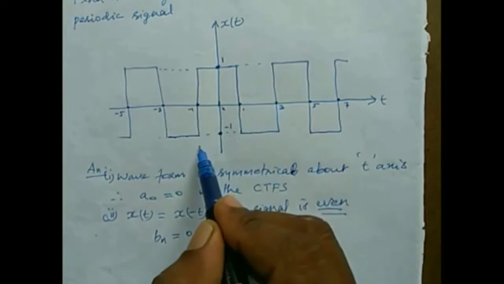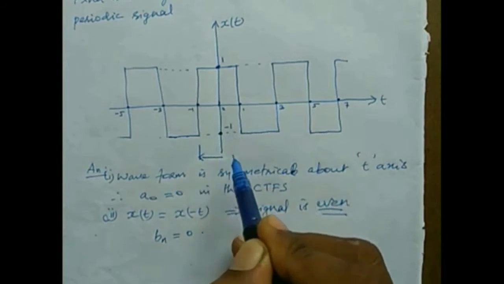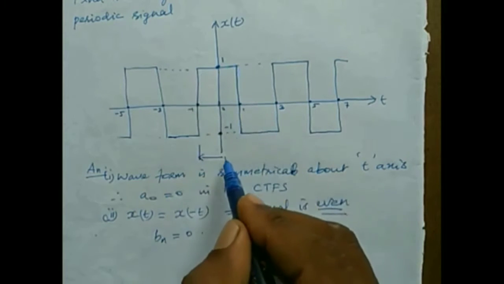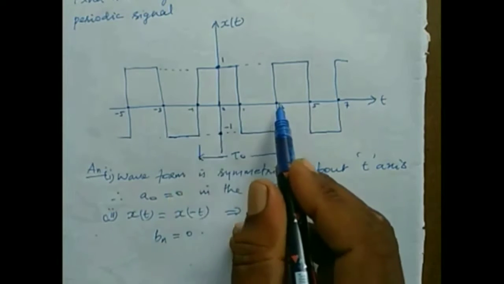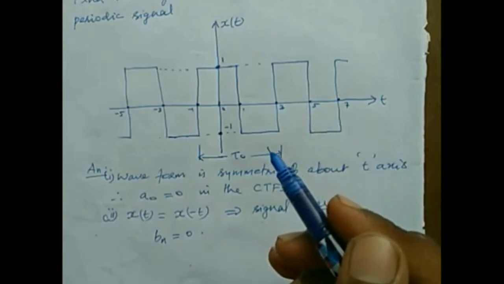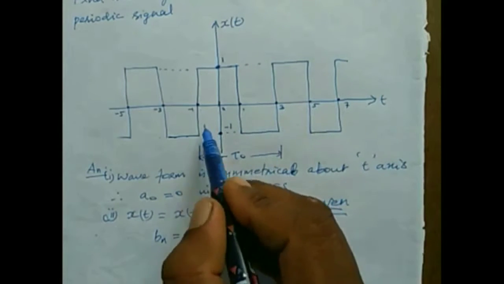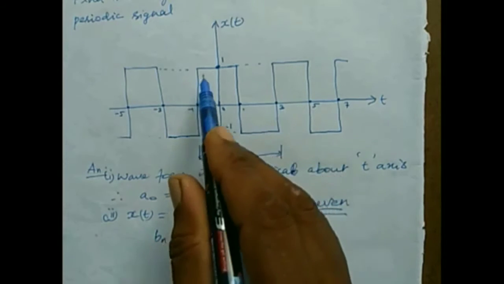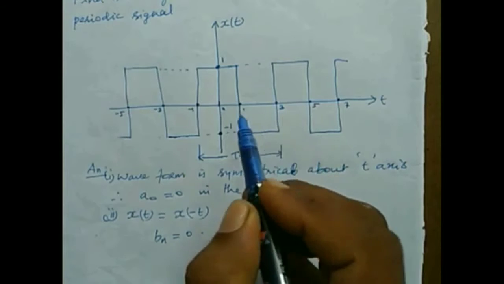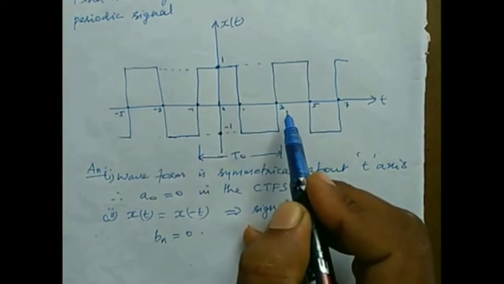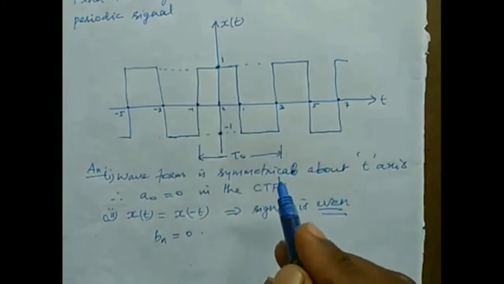So the time period of a signal is the duration of a complete waveform, from here to here or from here to here, whichever, both will be the same. I am going to take the time period from -1 to 3. That is the duration of a complete wave, meaning a single positive cycle and a single negative cycle together constitute a complete wave.